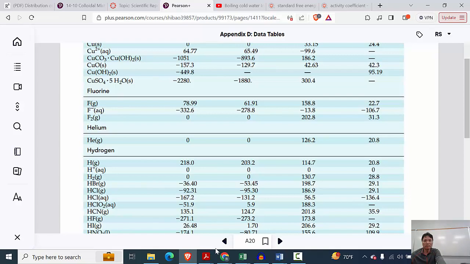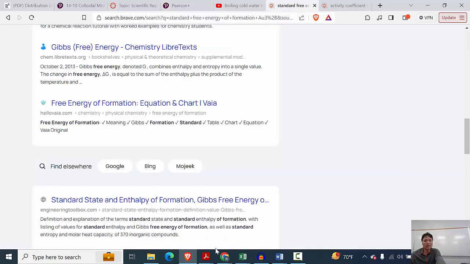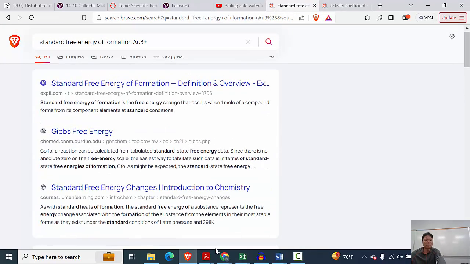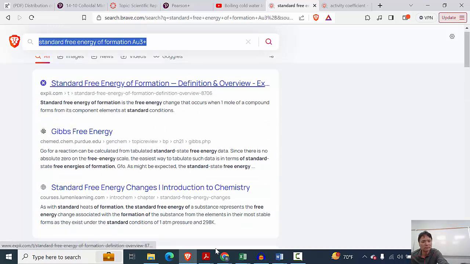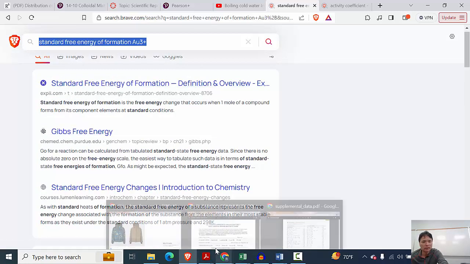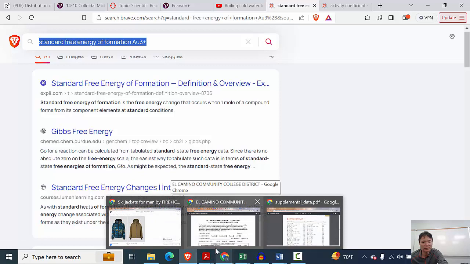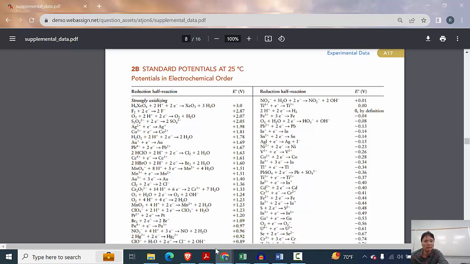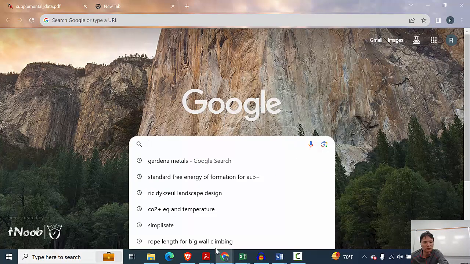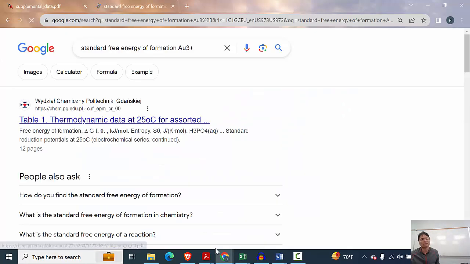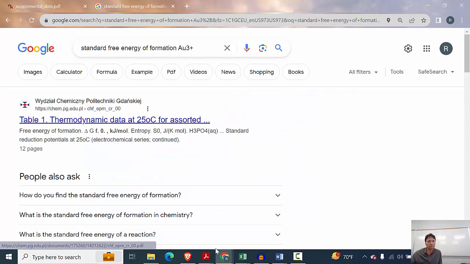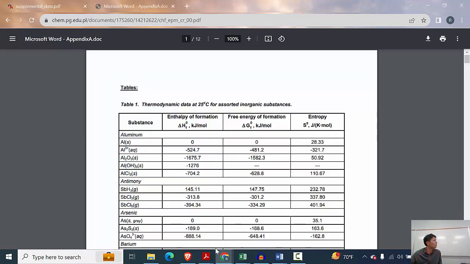And then I'm going to look for the standard free energy of formation of gold 3+. And I didn't find it on Brave, so I'll take a look here and search it on Google. Let's see if they have it here in a more comprehensive table.